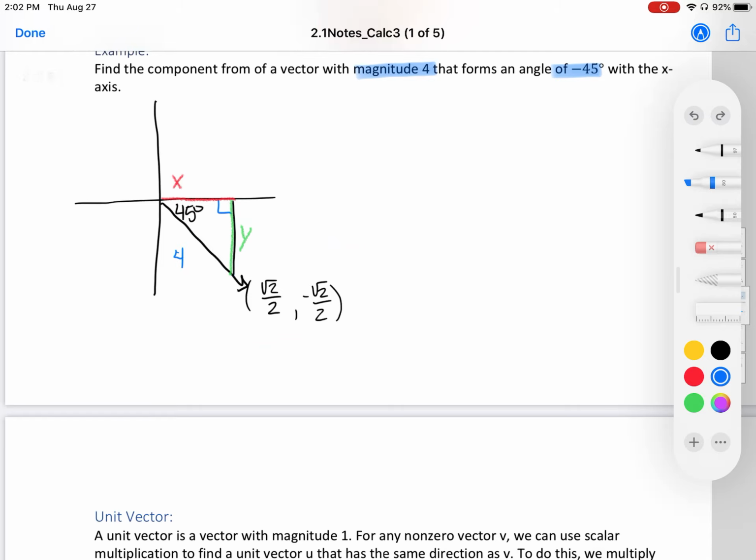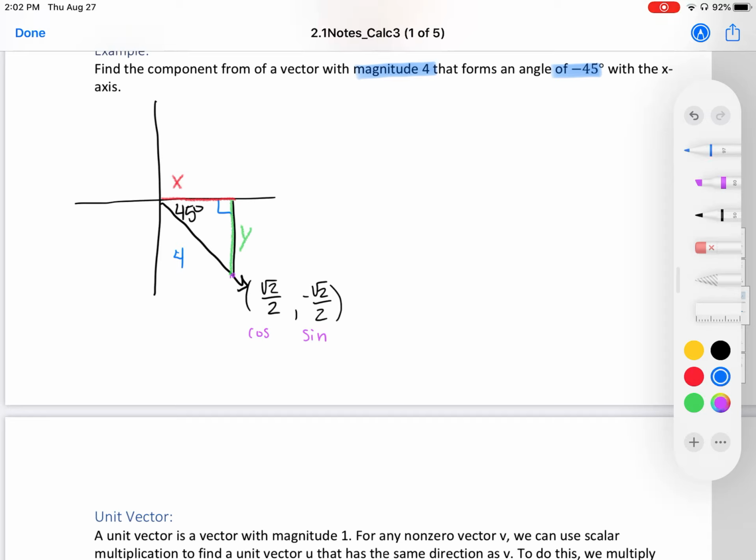All right, so we know that point, but we want to know what the vector is. For that, we're going to use the magnitude times sine and cosine of the angle. The reason I say this is because remember, this is your cosine value, and that's your sine value at 45. So that's why I wrote this down.